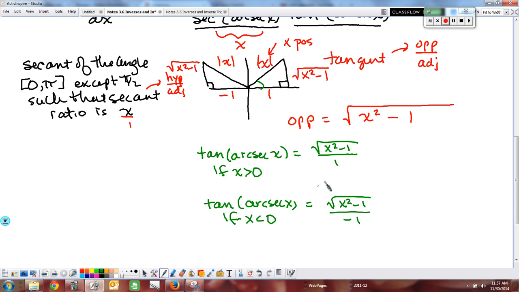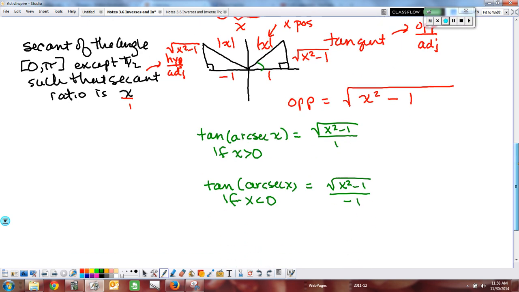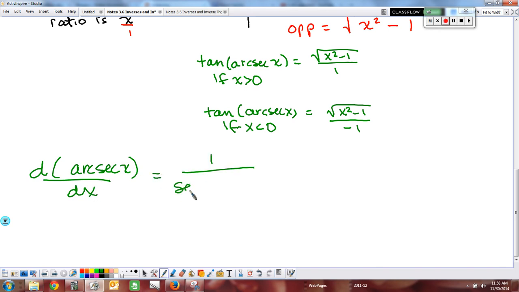If I put these together, I've got two scenarios going. So I'm going to come back to my derivative, and we're going to break it into two cases. Now I'm looking at the derivative of the arc secant of x with respect to x, which was 1 over the secant of arc secant of x, times the tangent of arc secant of x, and I'm going to split this into two cases.